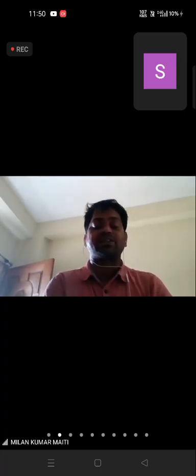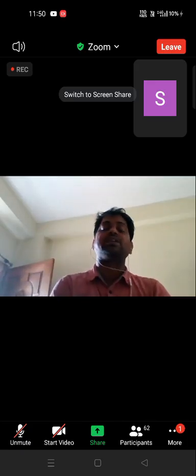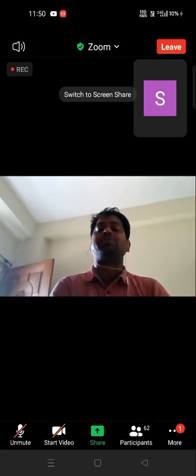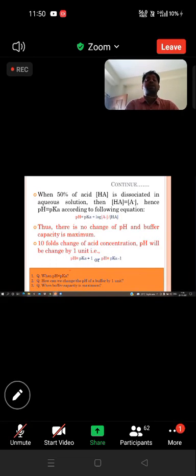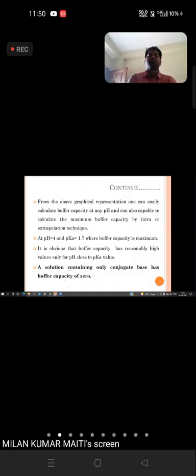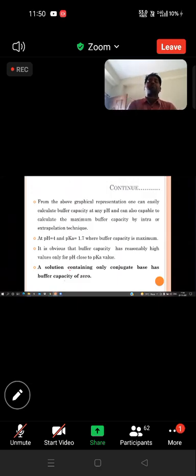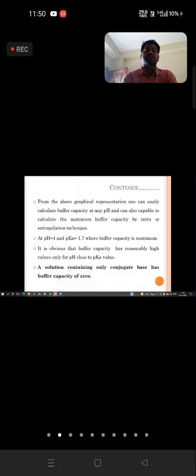From a buffer capacity plot, we can easily calculate the buffer capacity at any pH, and also the maximum buffer capacity of a particular buffer. At pH 4, the buffer capacity is 1.7.